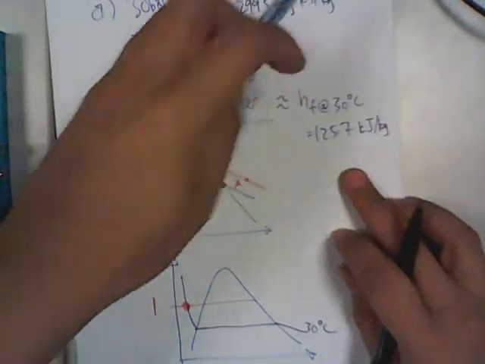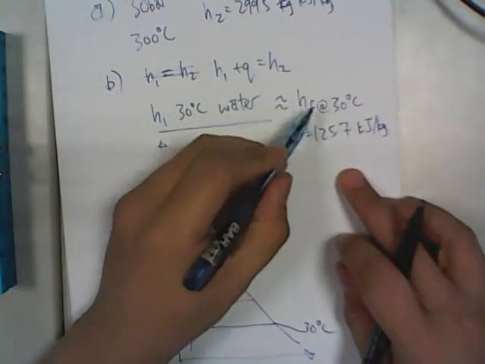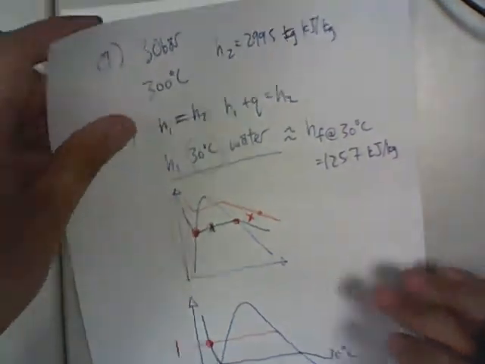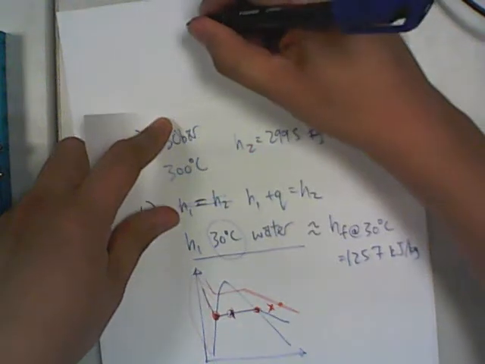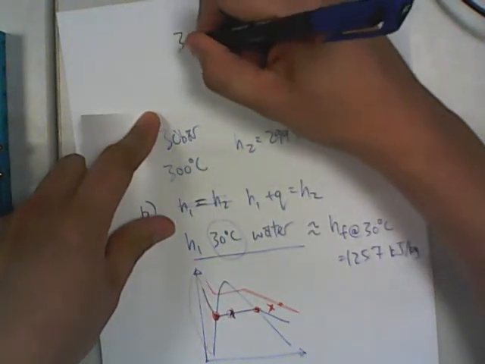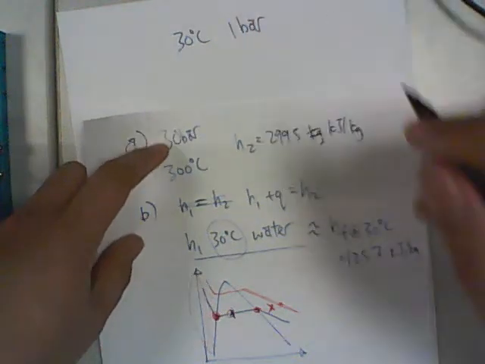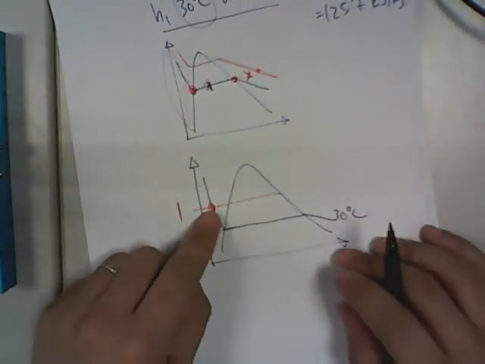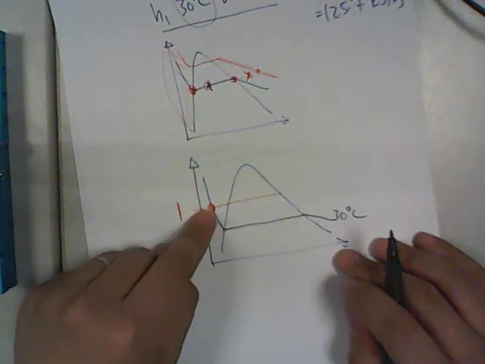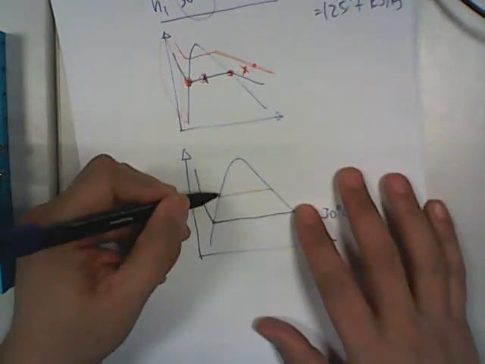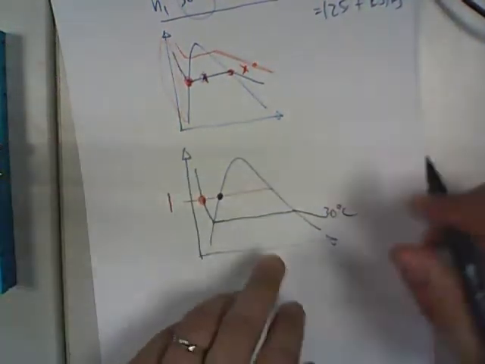30 degrees water, you use the HF at the given temperature. Even if, let's say, I'm given 30 degrees Celsius and it is at 1 bar, which is exactly this point, I actually have two values of HF to consider. I have the HF at 1 bar.